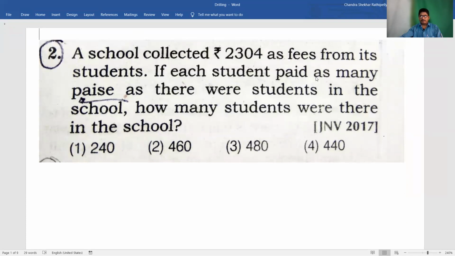If each student paid as many pies as there were students in the school, how many students were there in the school? Children, here we have to find the square root.